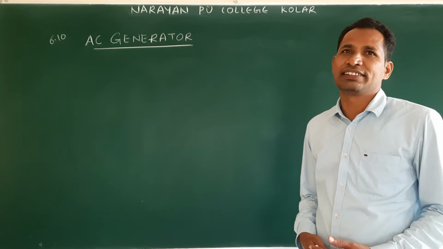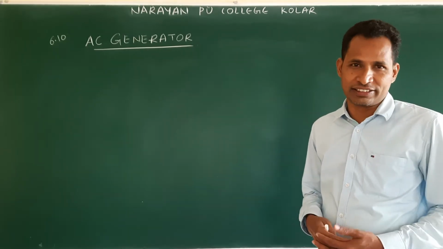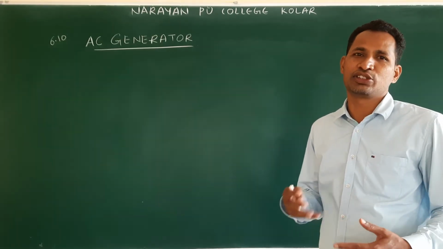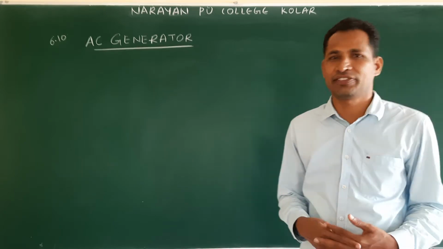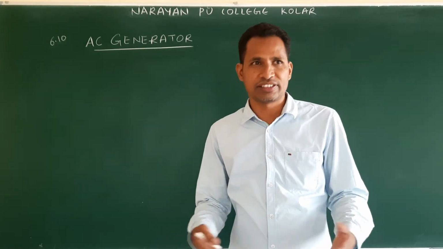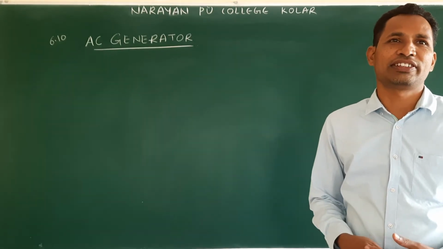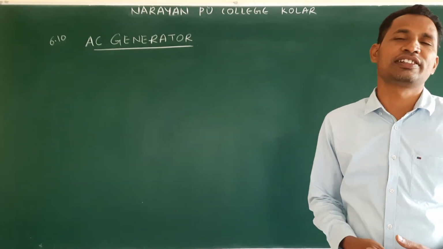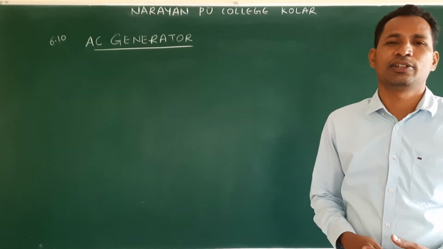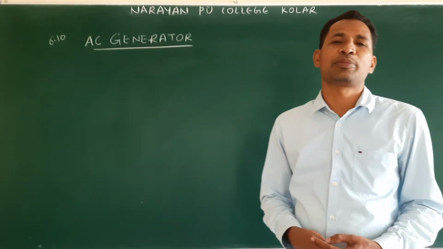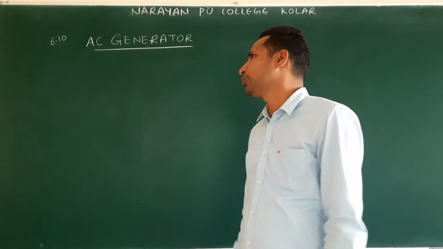Preparing the AC generator, that we don't concentrate on. How it works, what is happening in the generator, we can understand up to this level, PU level. Then preparation and manufacturing, that you will see in higher classes. Okay, but understanding principle and working is very important.